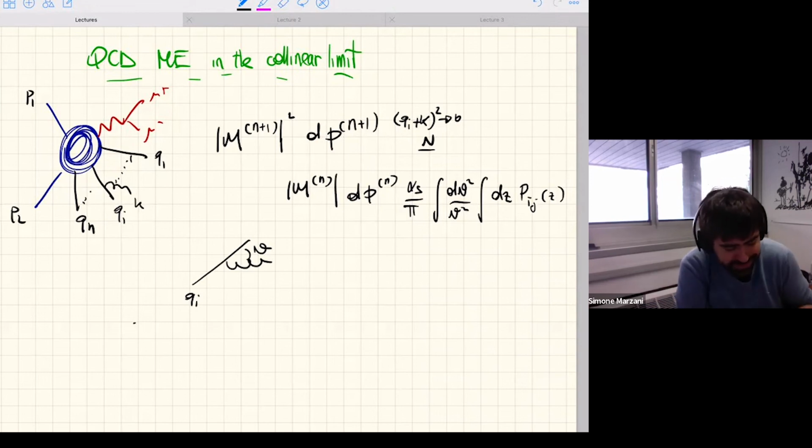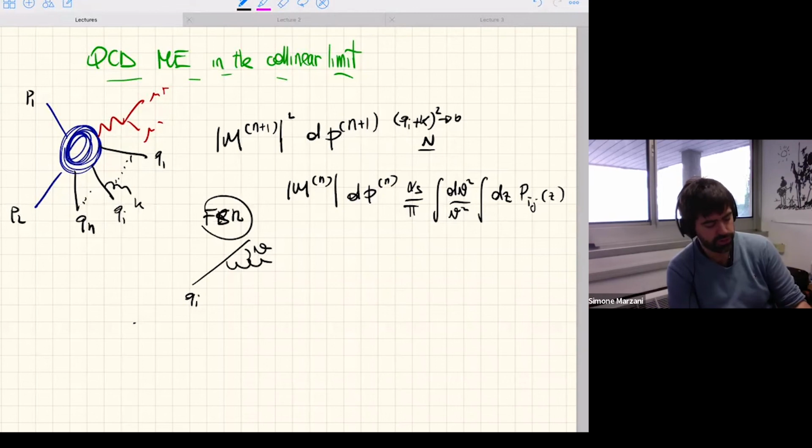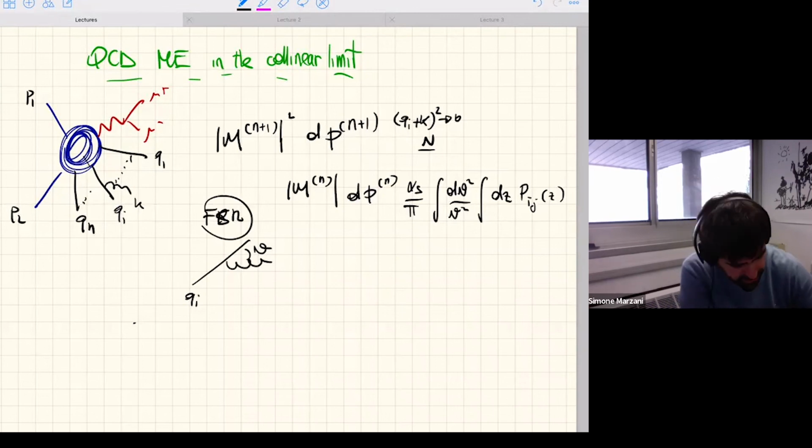This is purely a matter of convention, but typically, if you're dealing with final state radiation, as I'm doing here, the emission is time-like. The propagator that goes on shell is time-like. Then one usually sets the gluon as z, and this is 1 minus z.